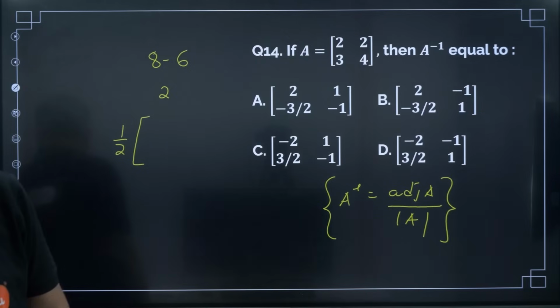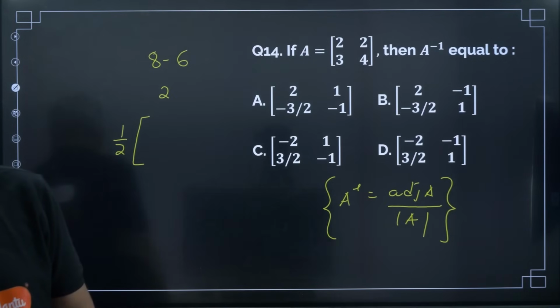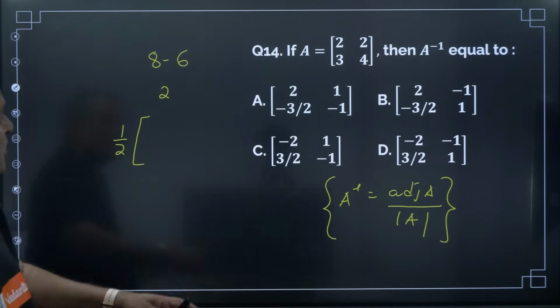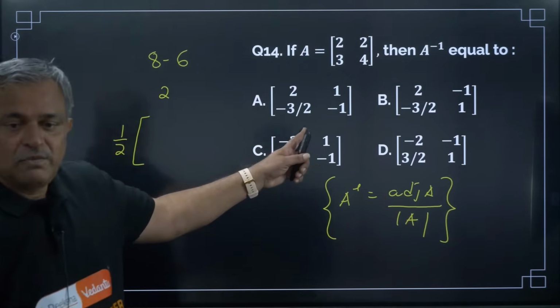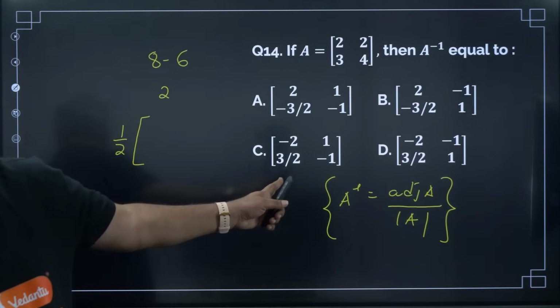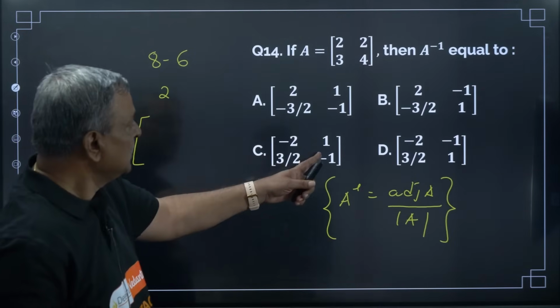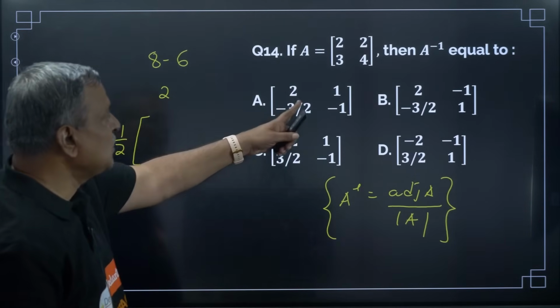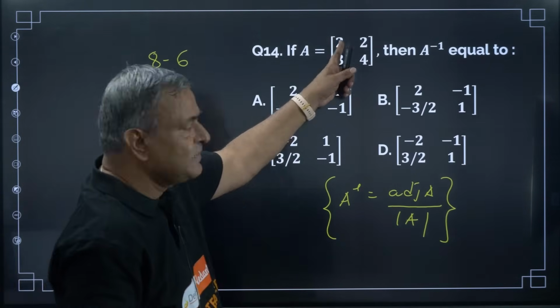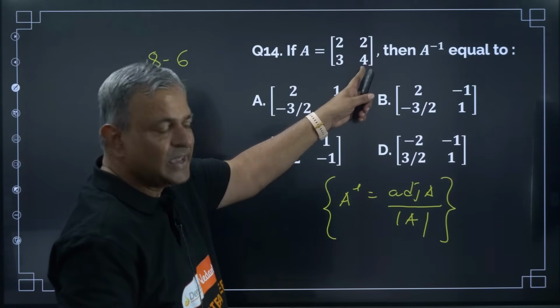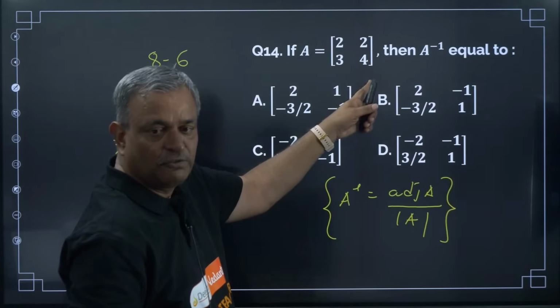Now once we know the inverse, whenever we talk about inverse, what we do is adjoint. You have to calculate the adjoint. Adjoint will be what? A11, you block this one, you get the 4.